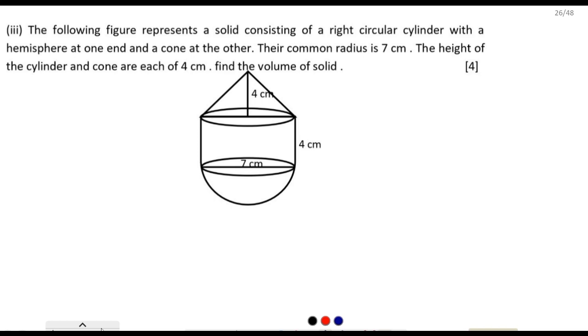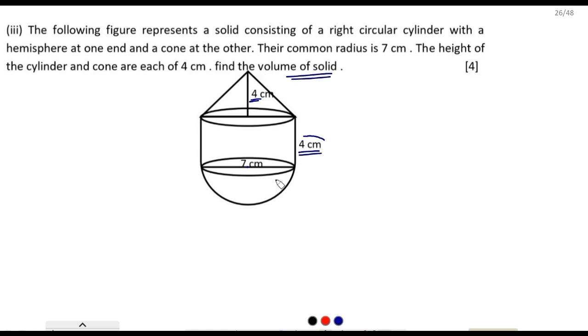It is a question of mensuration. The radius of the cylinder and cone is 7 centimeters. The height of the cone is 4 centimeters and the height of the cylinder is 4 centimeters. We have to find the volume of this solid.